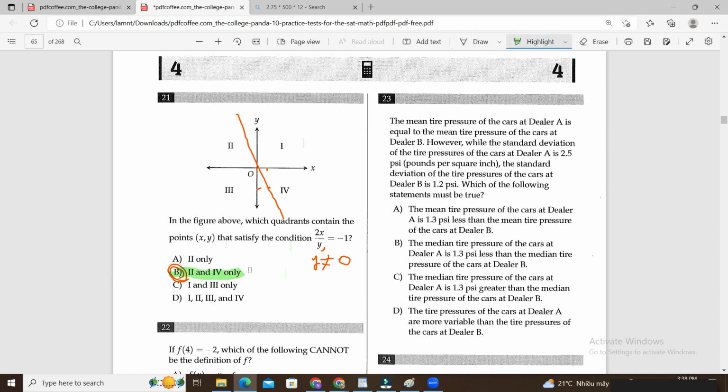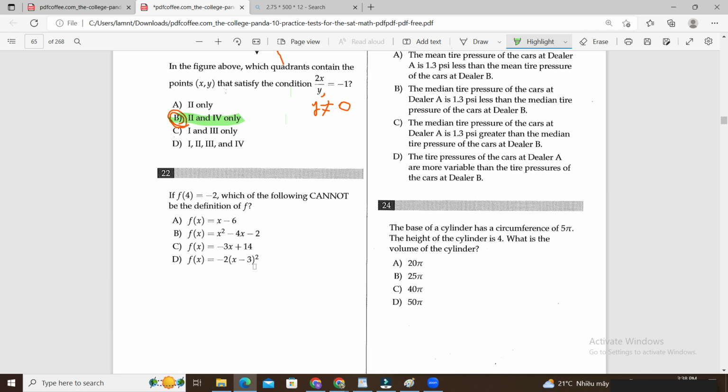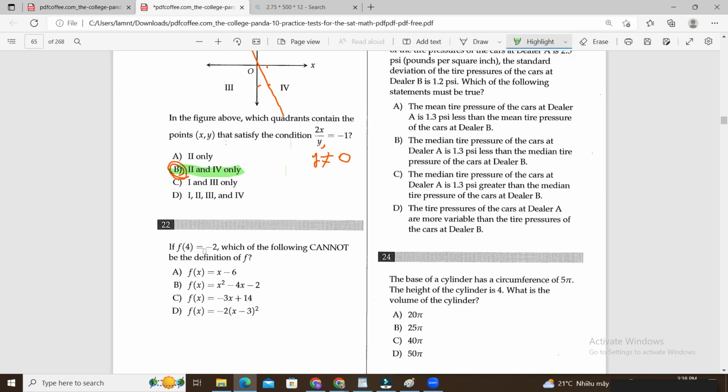Alright, 22. Given f(4) equal to -2, which of the following cannot be the definition of f(x)? Okay, so let's see.